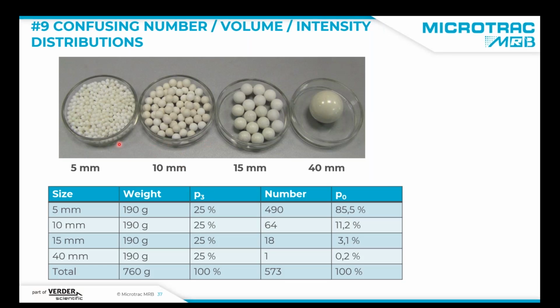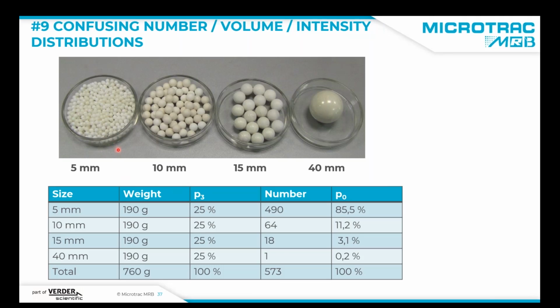Look at this example here. We have a size distribution with fine particles, medium-sized particles, and large particles, 5, 10, 15, and 40 millimeters. Now, by weight, they are all the same, all 190 grams. So each and every fraction, each size has 25% of the entire amount.